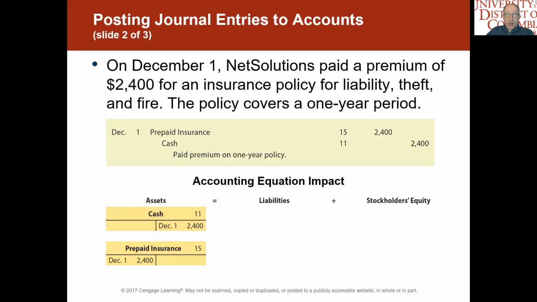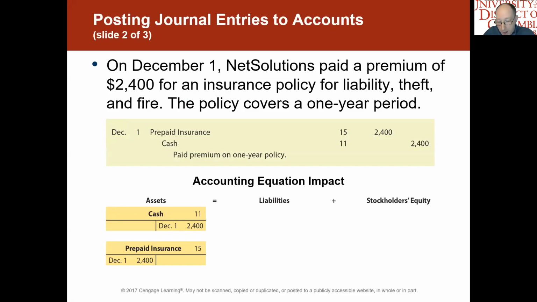Okay, so looking at another example, on December 1st, the company paid a premium of $2,400 for an insurance policy for liability, theft, and fire for 1 year. This is prepaid. In most cases, we prepay our insurance.